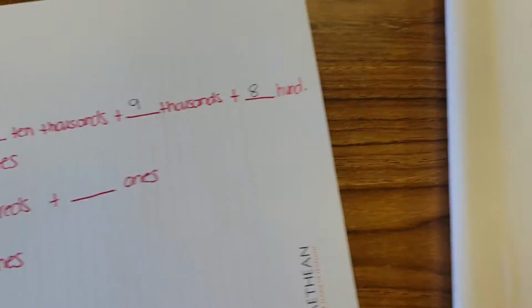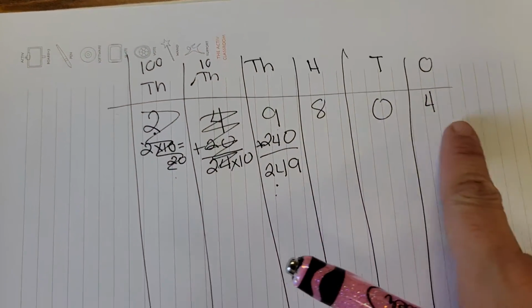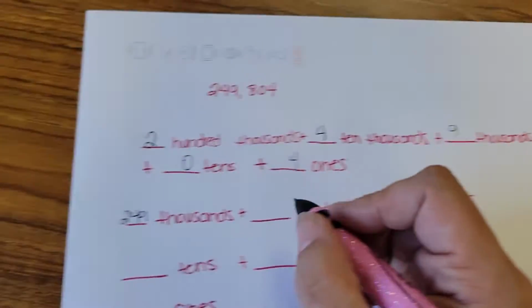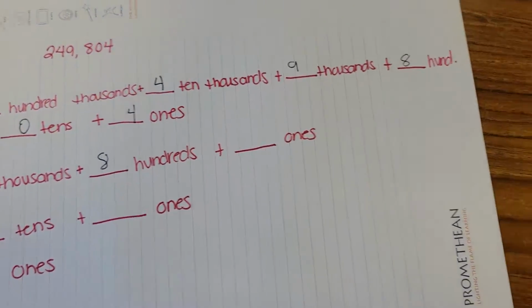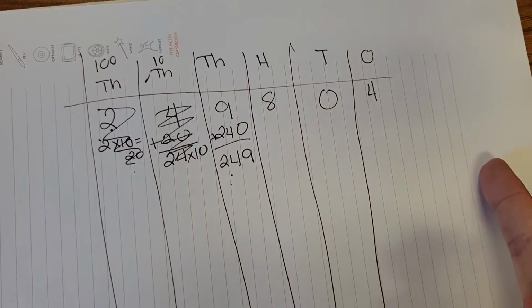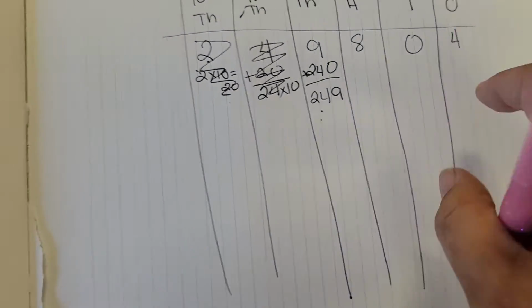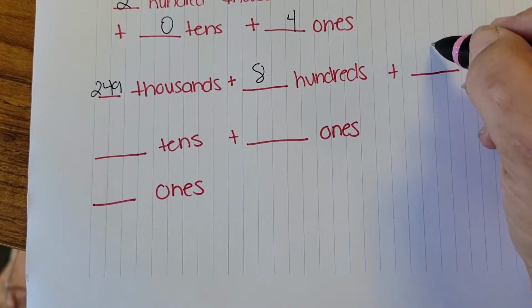Now how many hundreds? 8 hundreds. And how many ones? I have 0 tens, which means I have 4 ones left.